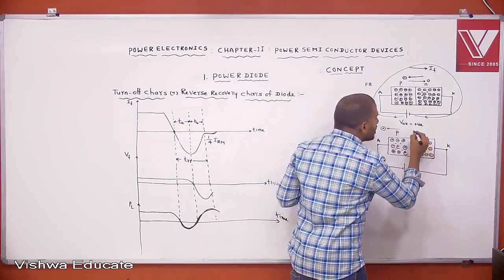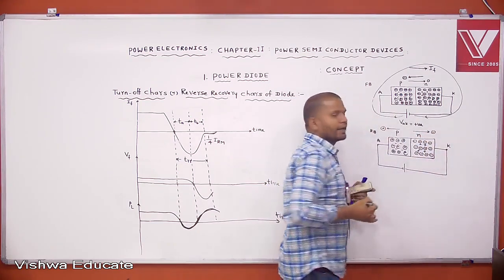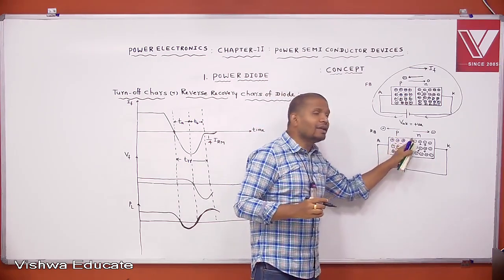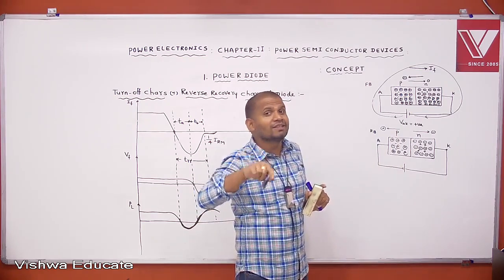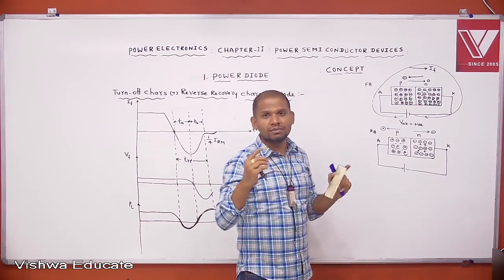All negative charge is attracted by this plate, so electrons are moving in this direction. That means, is there any crossing of majority carriers? No. When the majority carriers are not crossing the junction, slowly the forward current is zero.